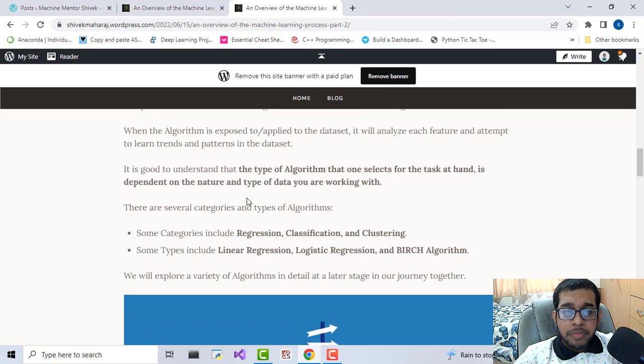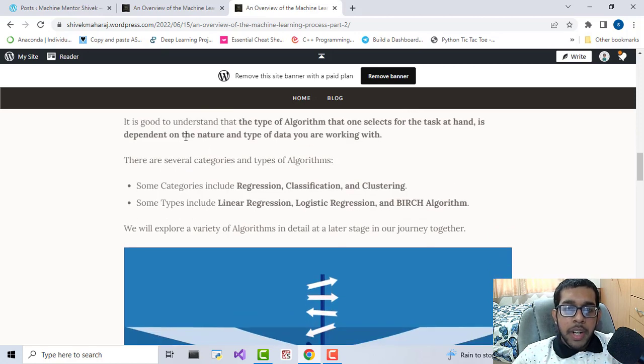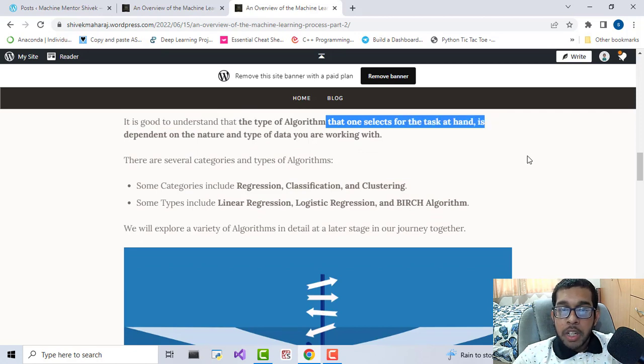Now when the algorithm is applied to the data set, it's going to analyze each feature and attempt to learn trends and patterns in the data set itself. It's good to understand that the type of algorithm that one selects for the task at hand is dependent on the nature and type of data that you are working with.